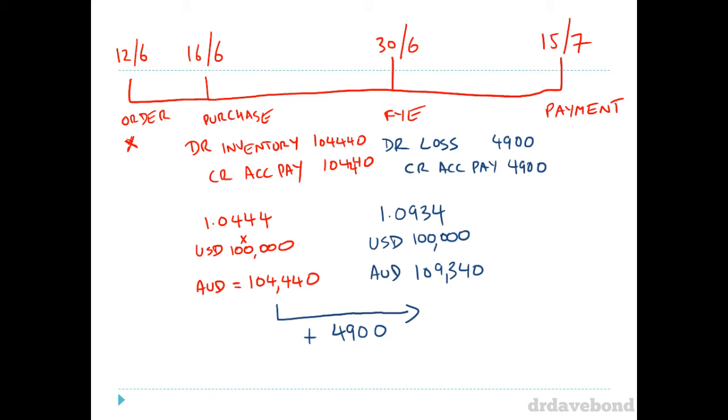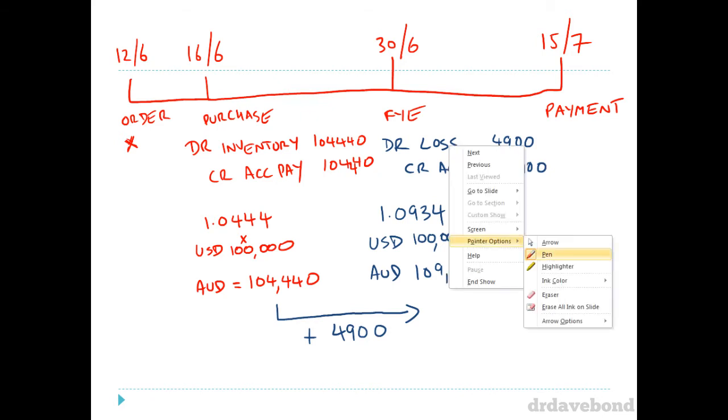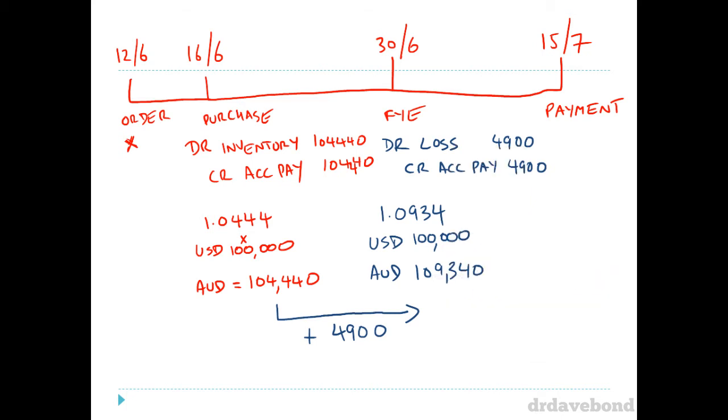When it comes to the payment date, we do exactly the same thing, and then we have to figure out how much we actually pay out in cash. So it's the same process once more. What's a good pen color? Let's try this one. The rate at the final point in time has got even worse: 101,045.